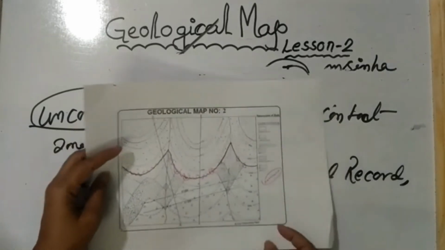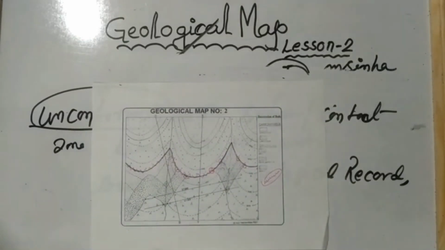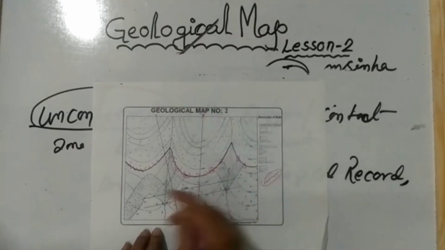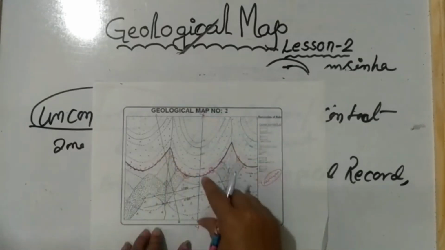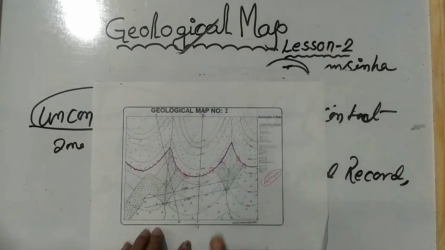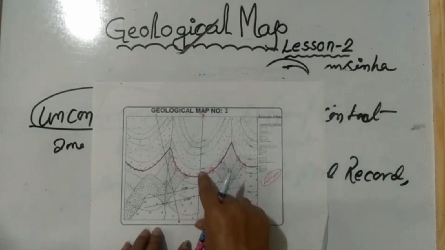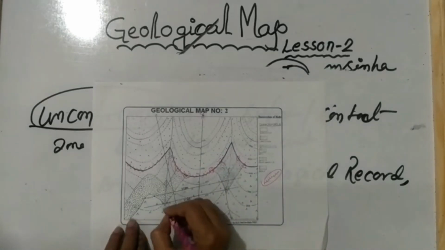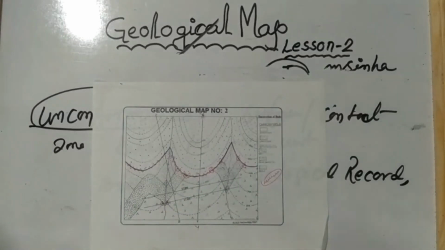Suppose this is the geological map, and suppose this is X and Y, this is the section line. For that section we have to think about all these things along the section line. We have to identify, suppose this is the lower series and this is the section line.